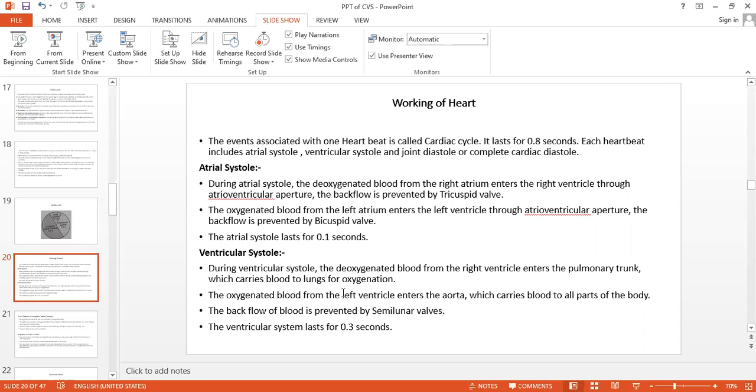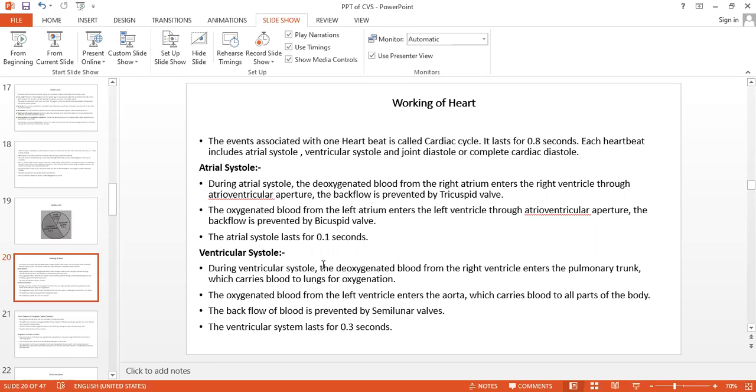Now see the second one, the ventricular systole, when the ventricles contract. During the ventricular systole, the deoxygenated blood from the right ventricle enters the pulmonary trunk, the pulmonary artery, which carries the blood to the lungs to get oxygenated. And the oxygenated blood from the left ventricle enters the aorta and goes all over the body.